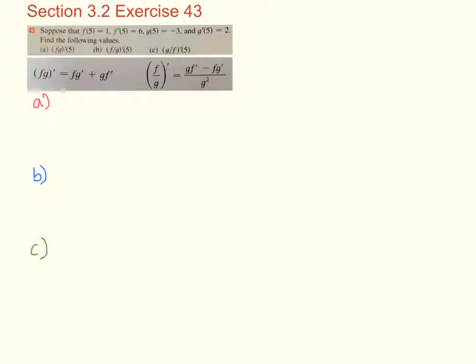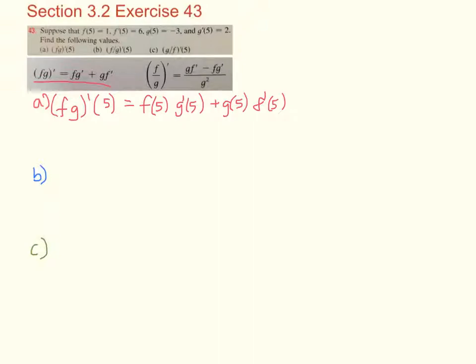So for part A, fg prime at 5, again we're going to use our product rule, which is going to say (fg) prime evaluated at 5 is going to be f of 5 g prime of 5 plus g of 5 f prime at 5, from the product rule we see here.